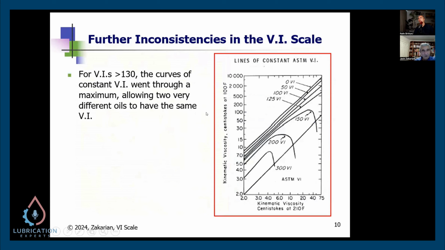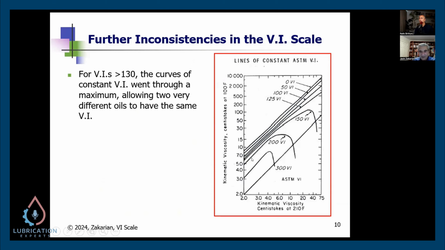So more inconsistencies, and this is kind of amazing. If the VI was above 130 and you looked at curves of constant VI, so here's 100 Fahrenheit, 210 Fahrenheit, if you plot your data from doing the calculations, it turns out that curves for constant VI have these humps in them.